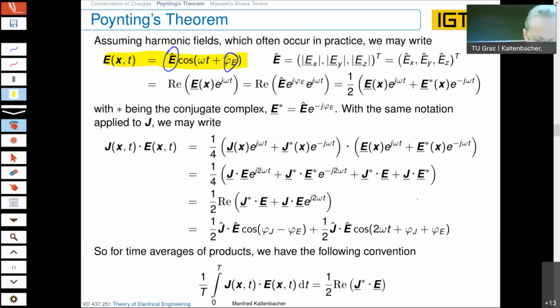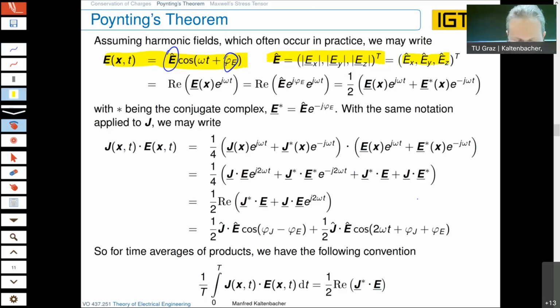Okay, so you see explicitly I have written down the three components of this amplitude vector. So it's the absolute value of the amplitude of the complex value Ex, the complex value in y direction and the complex value in z direction, or you write it already with the hat here, so that you see what is exactly behind.